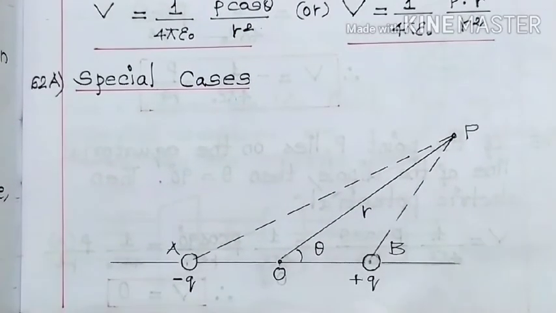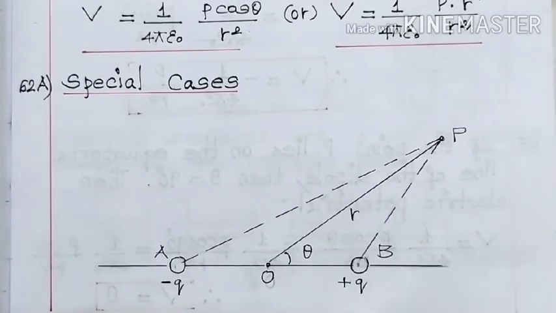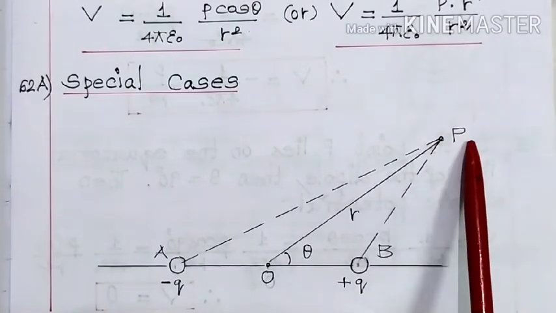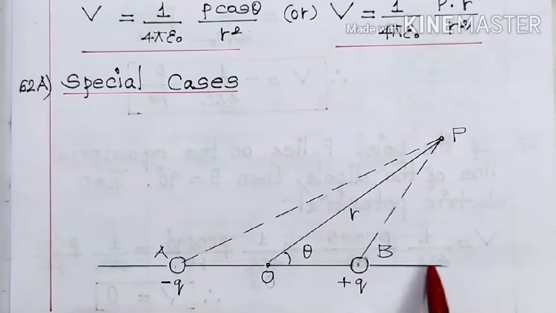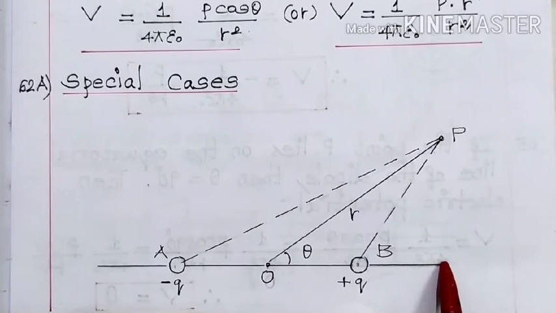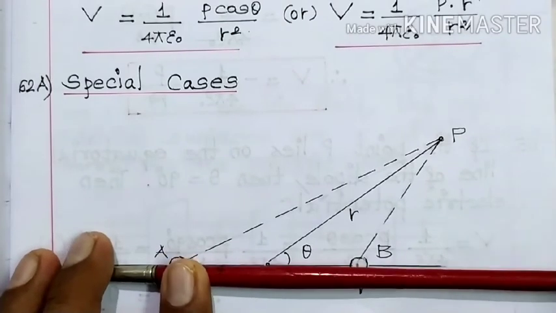Now we are going to see the special cases. What if this point P lies on this axial line somewhere over here on the side of plus Q? Now this is the axial line.